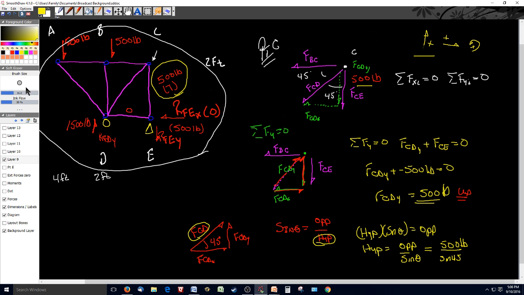All right. So, what did we figure out now? Well, what we said is we can say that this is going to be 707 pounds, and I can come in here and update my force diagram and say it is 707 pounds going up.